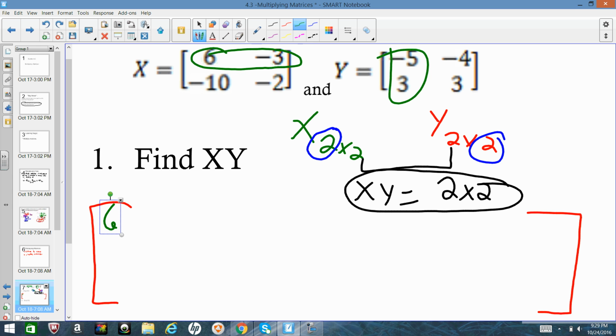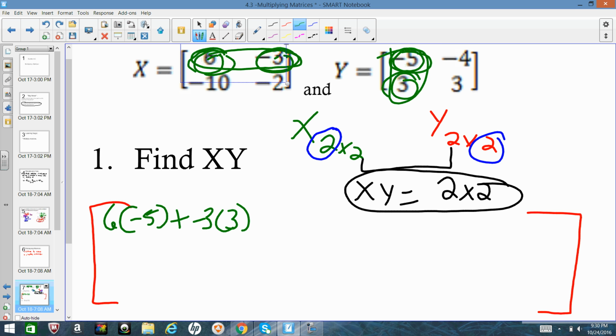So we'd have 6 from here times negative 5 plus negative 3 times 3. So that's where our first column went, from 6 times negative 5, negative 3 times 3.